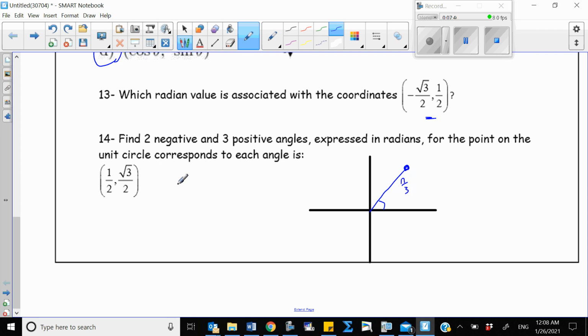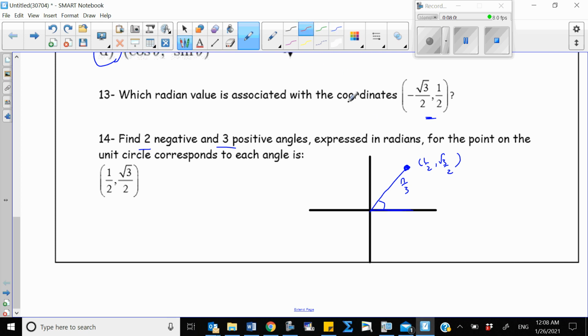Okay, so this is pi/3. Now I'm just looking for 5 other angles, 2 negative and 3 positive, that basically have the same terminal side as this. That means their terminal side is here and it's passing through this point, 1/2 and √3/2. That's what I'm looking for.